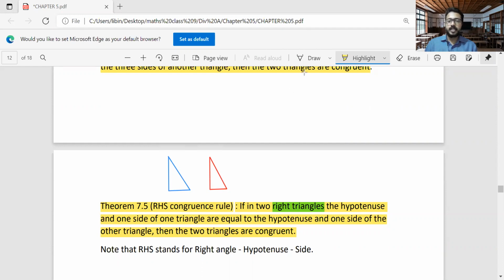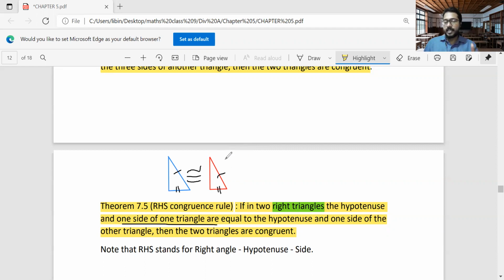This theorem states that if in two right triangles, the hypotenuse and one side of one triangle, let it be any side, let it be base or it could be altitude, are equal to the hypotenuse and one side of the other triangle, then these two triangles are congruent.